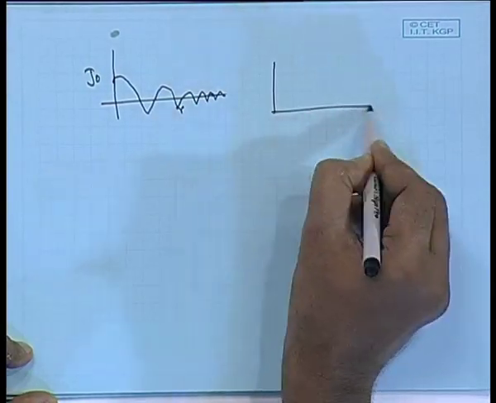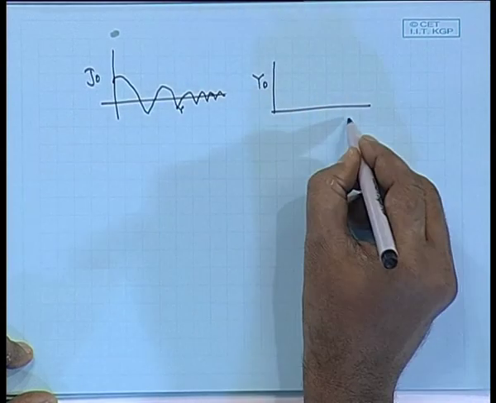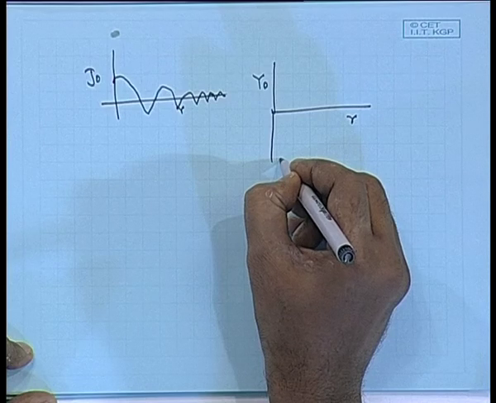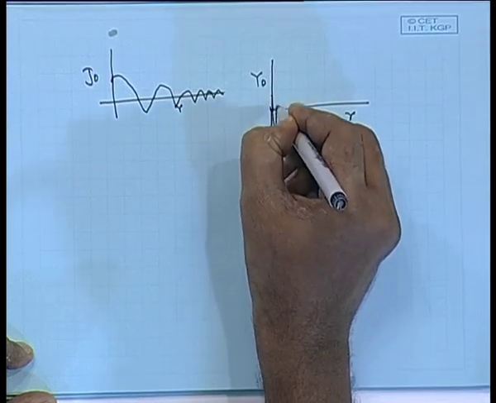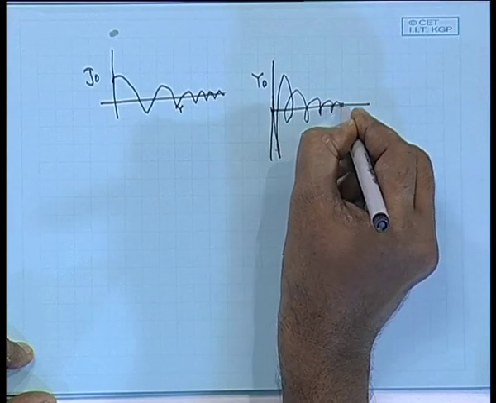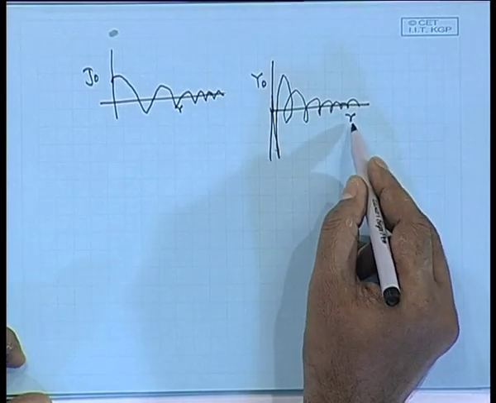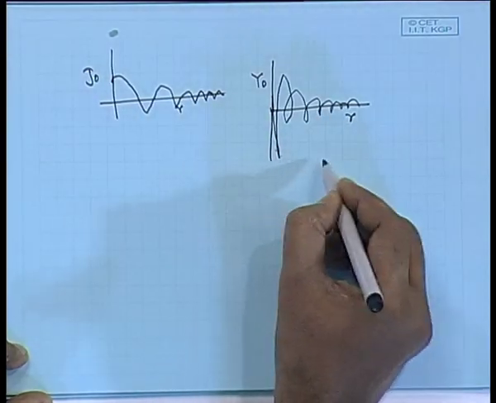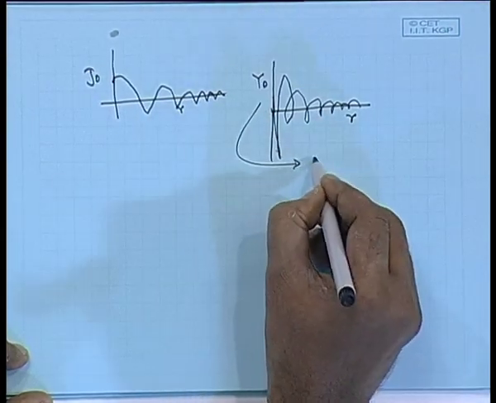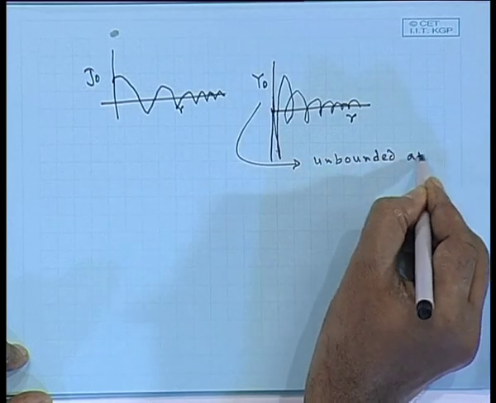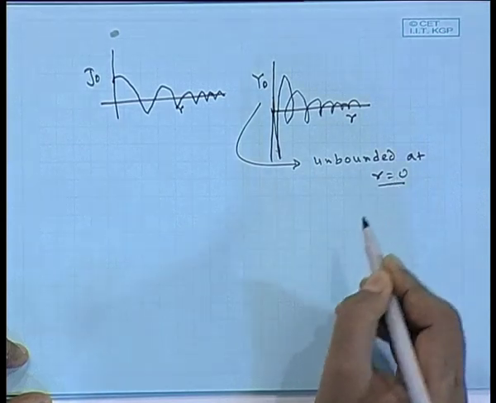If you look into the variation of Y0 with r, this starts from negative infinity, sharply increases, then shows an oscillatory behavior about the r axis exactly like J0. So again, this is undefined or unbounded at r equal to 0.